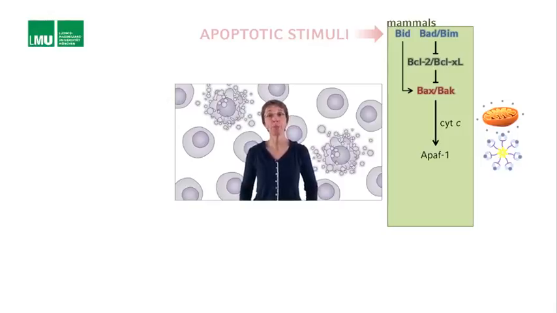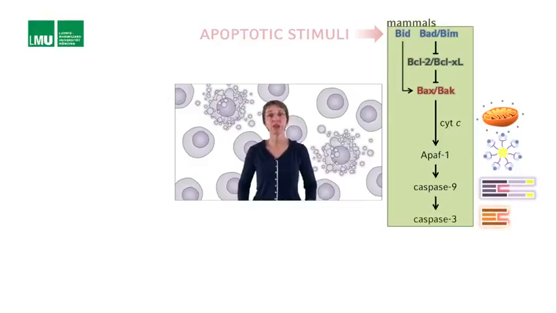The assembled apoptosome facilitates the activation of the initiator caspase, caspase-9, which, once fully active, cleaves and activates the effector caspase, caspase-3. The activation of caspase-3 can be considered the point of no return, the event that irreversibly commits a cell to the apoptotic fate.